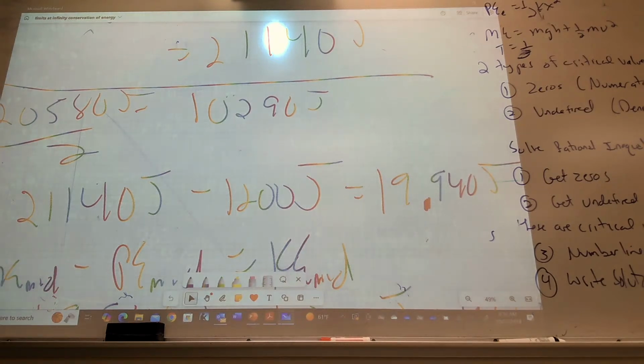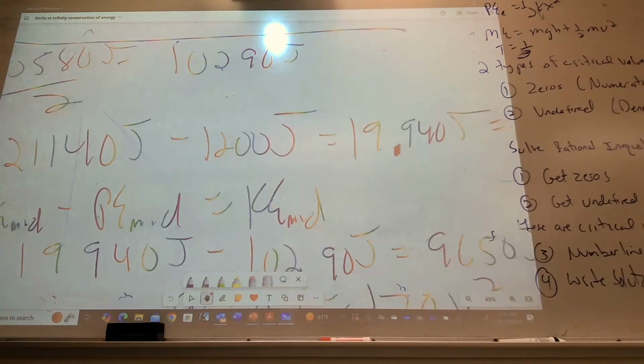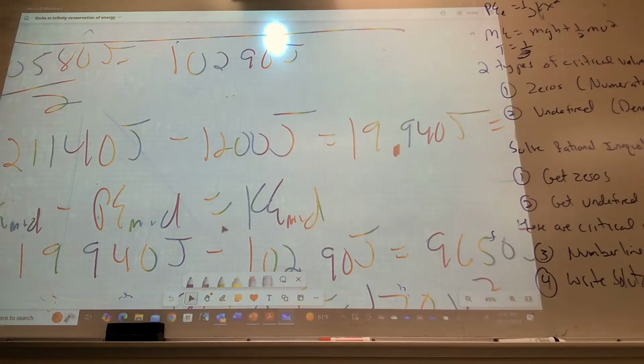Samuel, do you have the kinetic energy in the middle? Yeah, I have 9,650 joules. Good. We subtract what we got for our potential from our mechanical to get 9,650 joules.